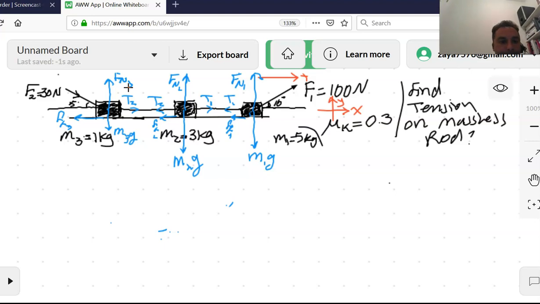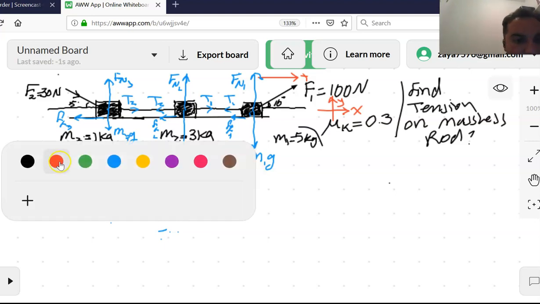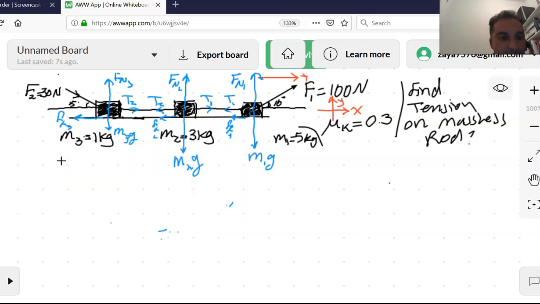Now, guys, remember what we have. Let me go by green color. We do have a pulling force. It makes an angle, therefore we are going to have components. So remember, from the force F, you need to go down on the x-axis.